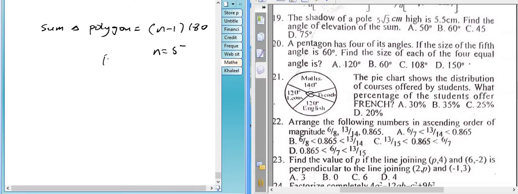So that's a pentagon, which has 5 sides, that's n is equal to 5.